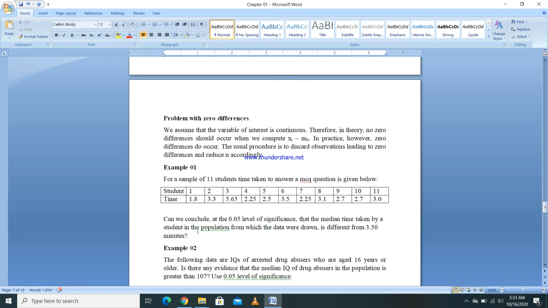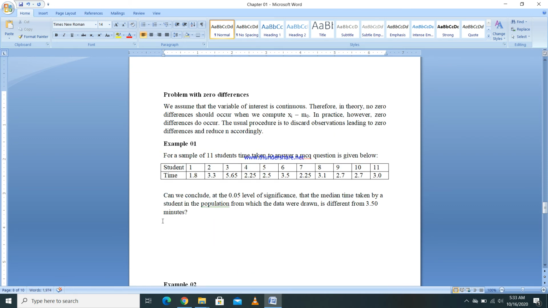What you have to do first is read the question and check whether the assumptions are satisfied to apply the one-sample sign test. You can see here the variable is time and it's a continuous variable, and the scale is also satisfied, it's higher than ordinal scale.